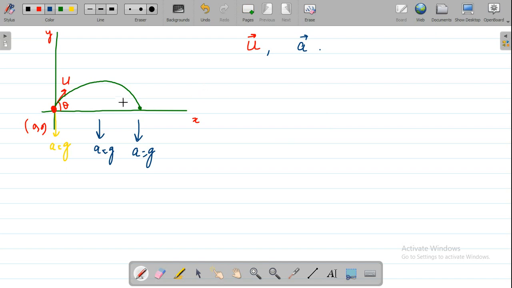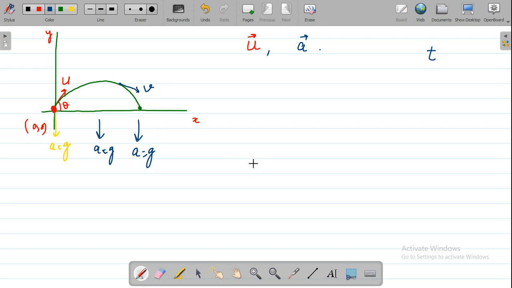So if we have to calculate the velocity along this path at any point, or we can say the velocity of this object after time t at any point, suppose I ask what is the velocity here, I can find the direction by drawing the tangent at this point. This will be the direction of velocity, but we have to find the magnitude.